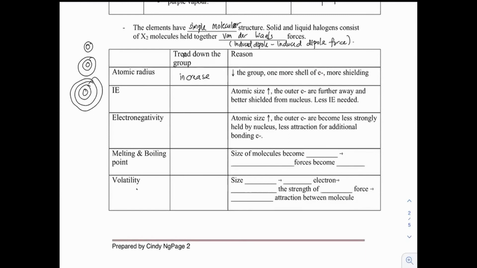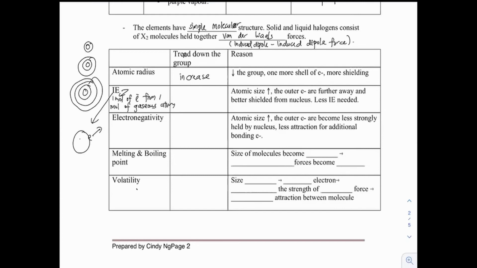Okay, so next we talk about ionization energy. What is the definition for ionization energy again? It is the energy required to remove 1 mole of electrons from 1 mole of gaseous atoms. This is talking about removing electrons, the ability to remove electrons.